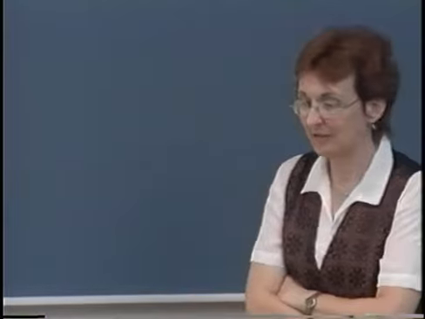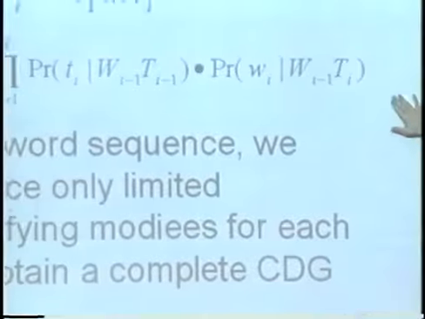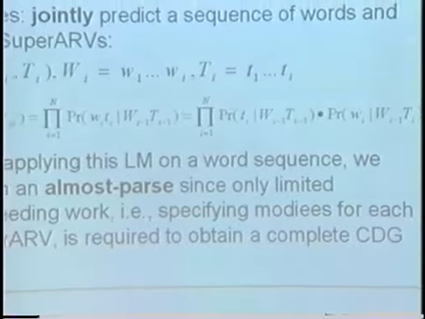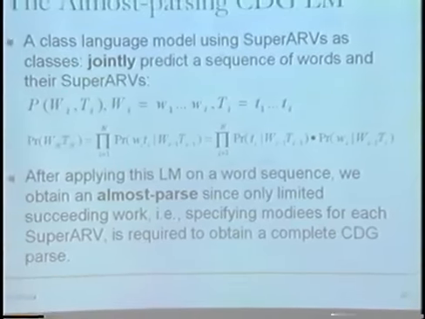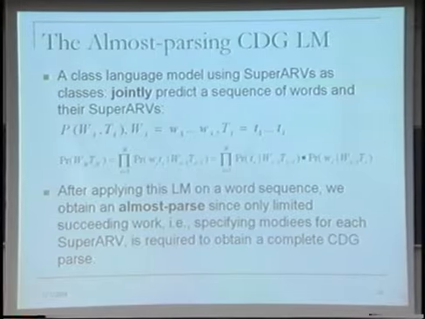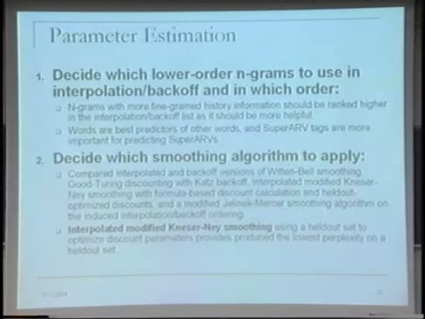And those are the tags. We use a joint model, and we factor it in this way. So we have the tags given the prior words and the prior tags, and the words given the prior words and the tags. After applying this on a word sequence, we would have an almost parse. You can actually do tagging to get the almost parse as well. And only a limited amount of work is needed to get the full parse.